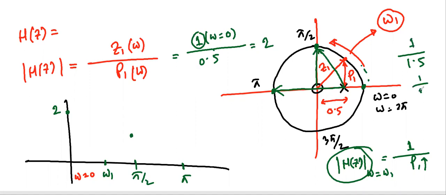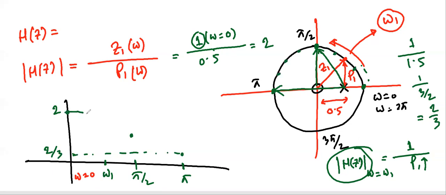So 1 divided by 3 by 2, yes, 1.5 is 3 by 2. So it makes 2 by 3. So the amplitude is 2 by 3 here.